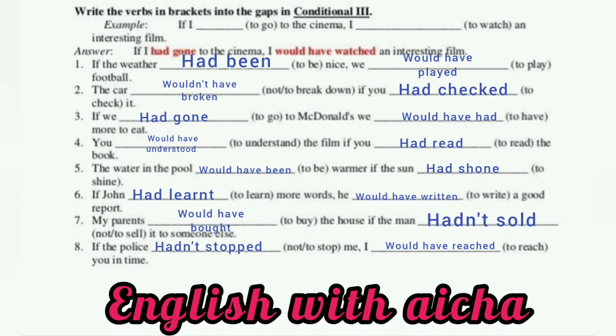Okay, in the third conditional we have to use the past perfect in the condition. يعني نستعمل past perfect في الشرط and would have plus the past participle in the result. يعني نستعمل would have زائد past participle of the verb في النتيجة.